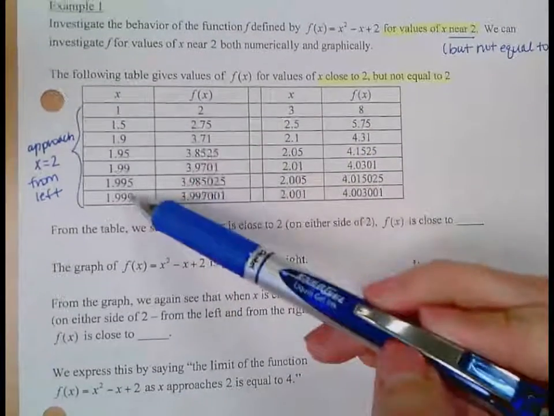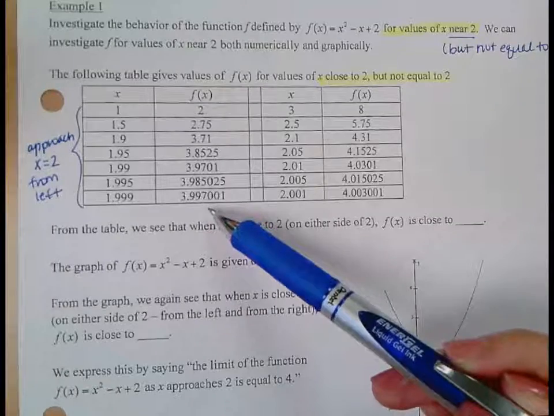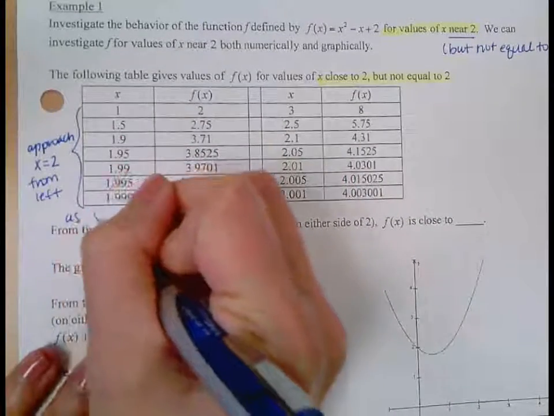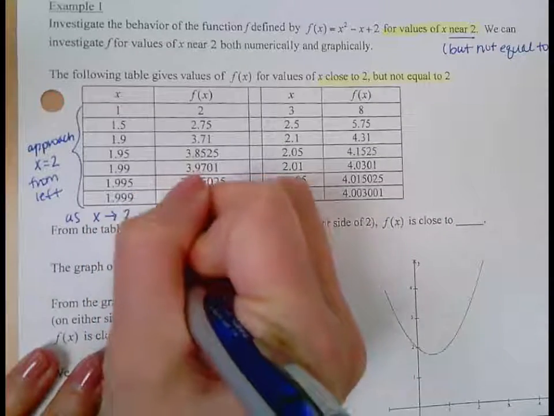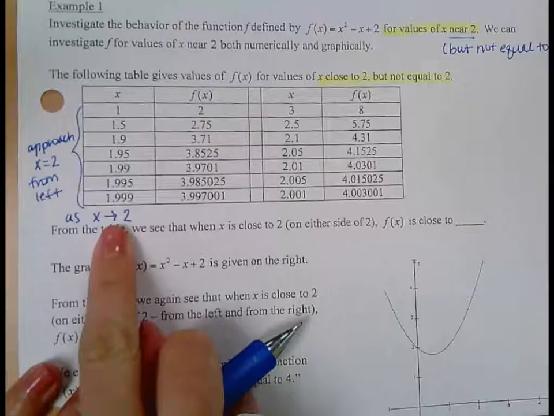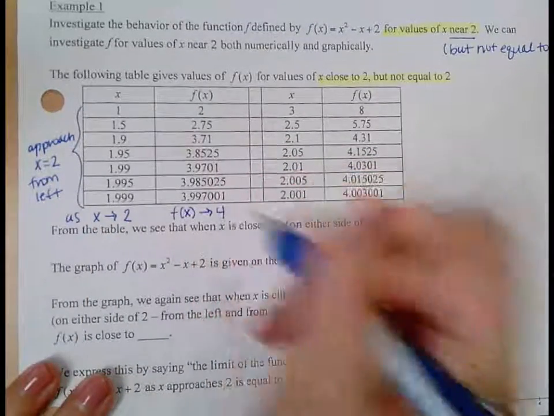But as the x values approach 2, what would you say the y values are approaching? 4. So we can say, and when you see that arrow we'll learn with limits, as x is approaching 2, f of x is approaching 4.